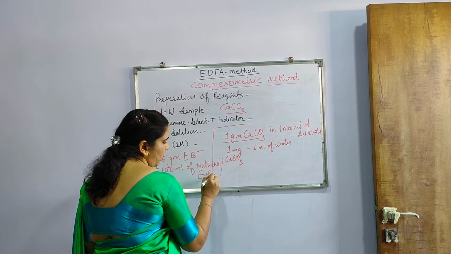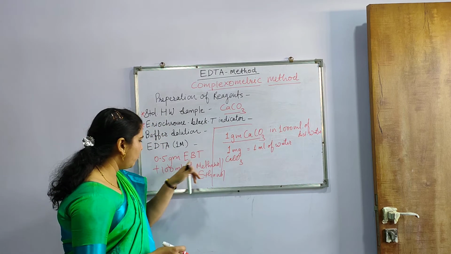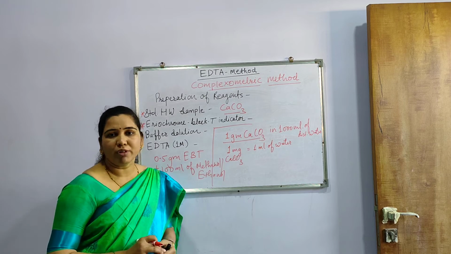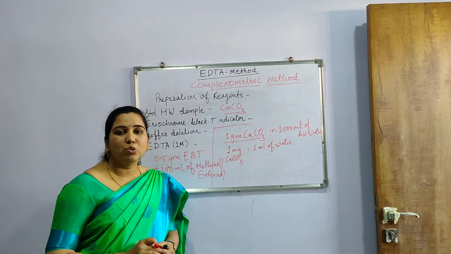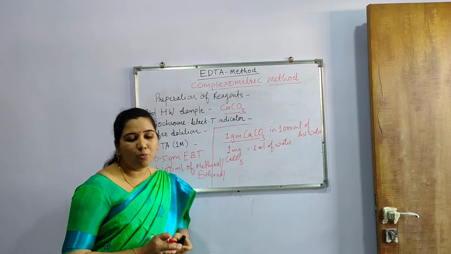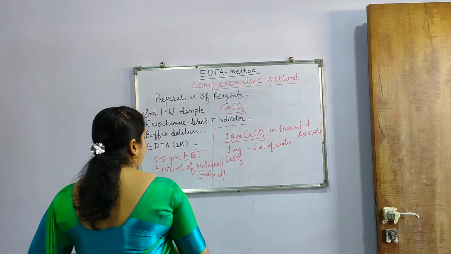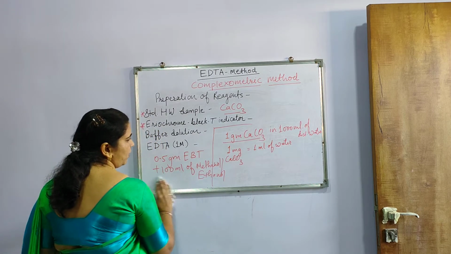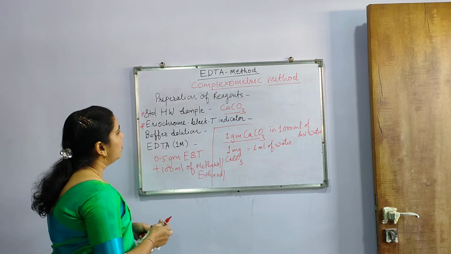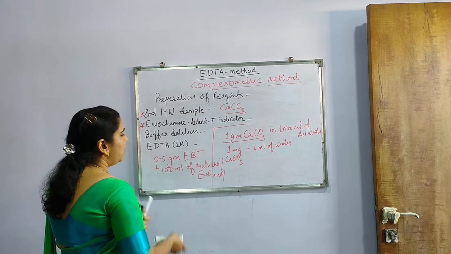Any type of alcohol can be used. So 0.5 gram of EBT and 100 ml of ethanol or methanol is used to prepare a solution of EBT, which will be needed in a very small amount, but it is to be prepared. So in this way we have prepared the standard hard water sample and the EBT indicator.